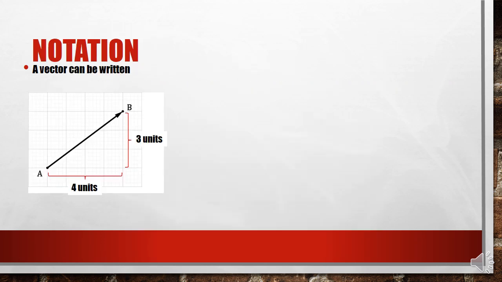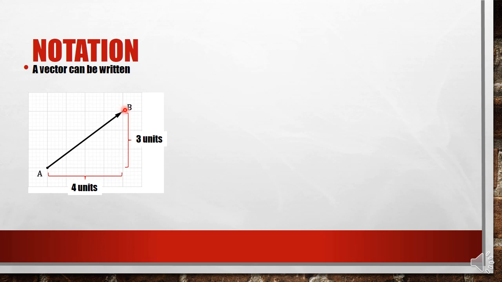Okay, so how to write a vector? Let's just say that I have this vector AB. Writing a vector is like showing your way when you want to move from one point to the other. In this case, you want to move from A to B. So from A to B, you have to move 4 units to the right and 3 units up.